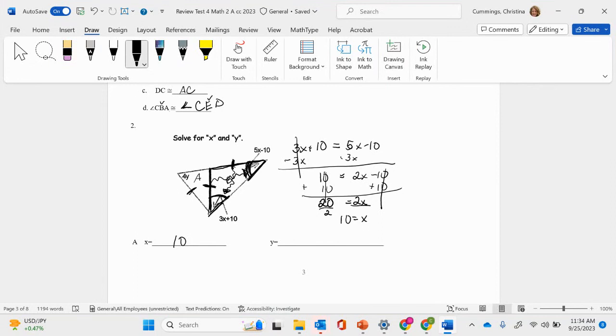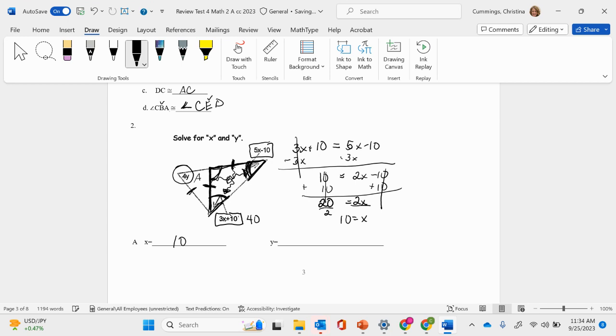So what is that going to get me? If x is equal to 10, then I can figure out what the measure of this angle is and this angle, which will give me angle number 3 up here, which will help me figure out y. Okay, just bear with me. If x is 10 and this angle is 3x plus 10, that's 30 plus 10, it's 40.